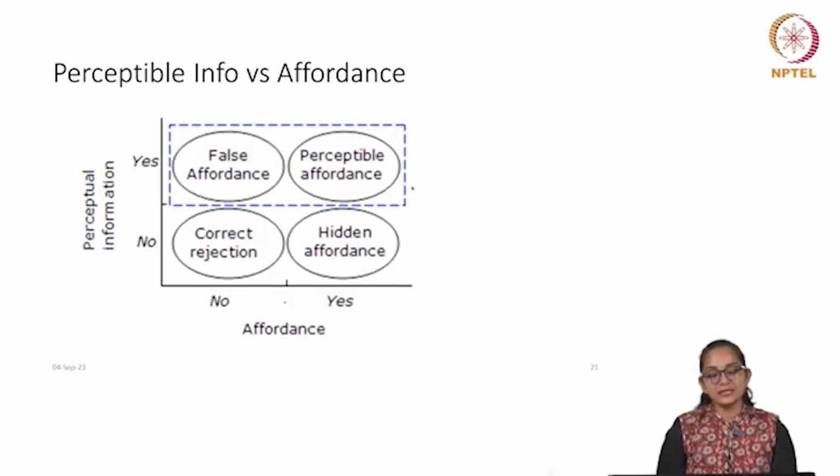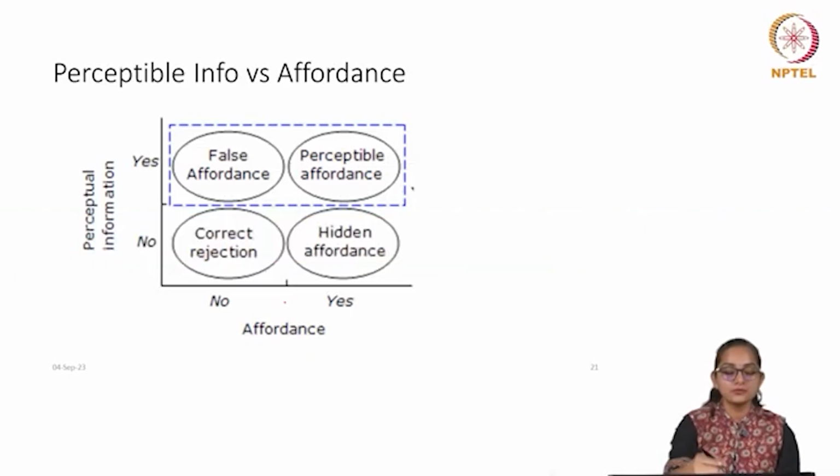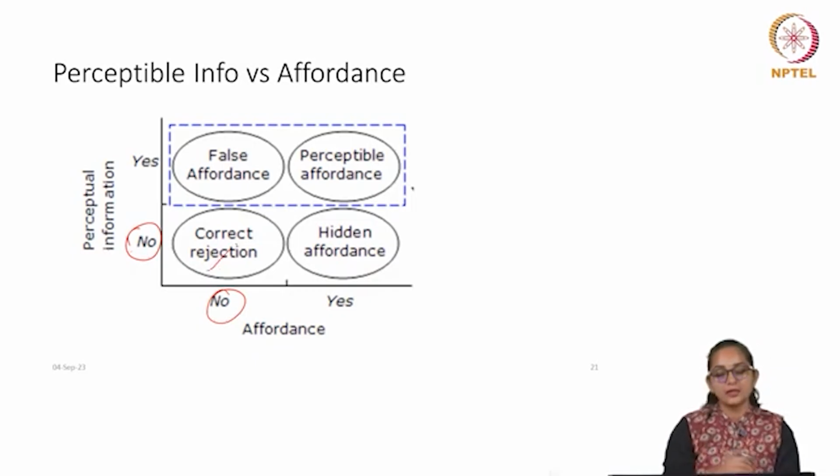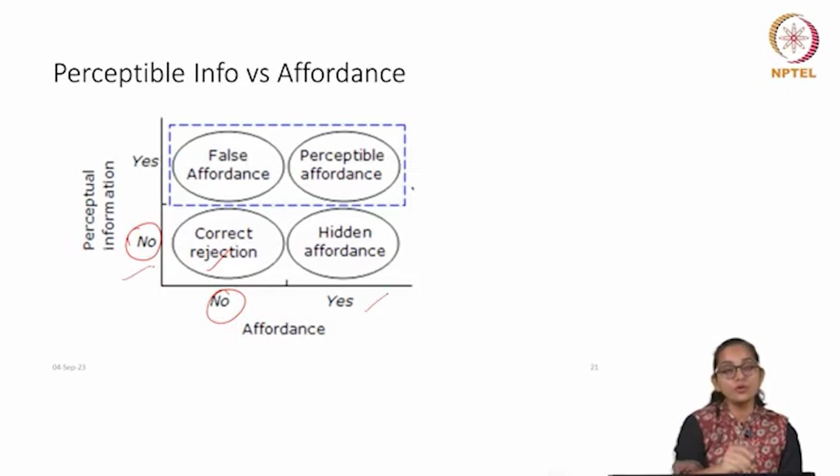So, this table can help you understand the relationship between perceptual information and an affordance. If there is no affordance and there is no perceptual information, then it is a correct rejection. If there is an affordance, but there is no information, then it is a false affordance.